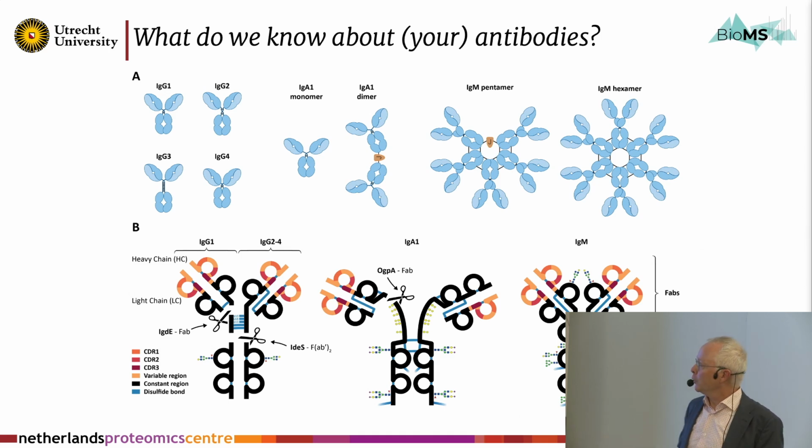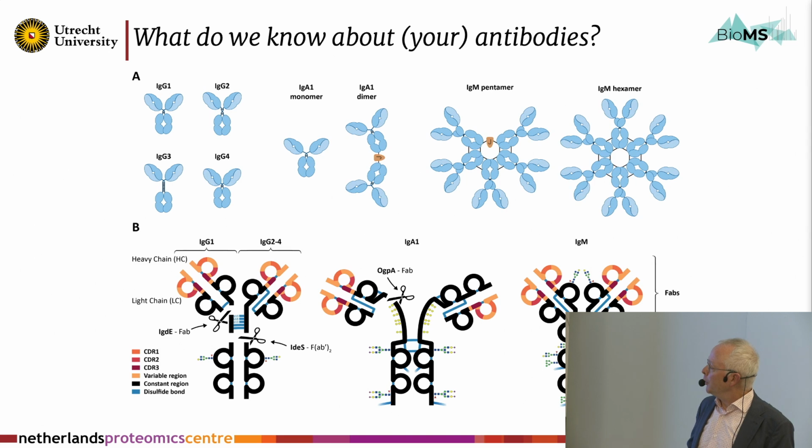If you go a little bit more in detail, which is at the bottom here, then we know that an IgG is built up of 2 heavy chains and 2 light chains. And the way I draw these cartoons here is that in these heavy chains you have this black part, which I now call the boring part. It's called the constant region.